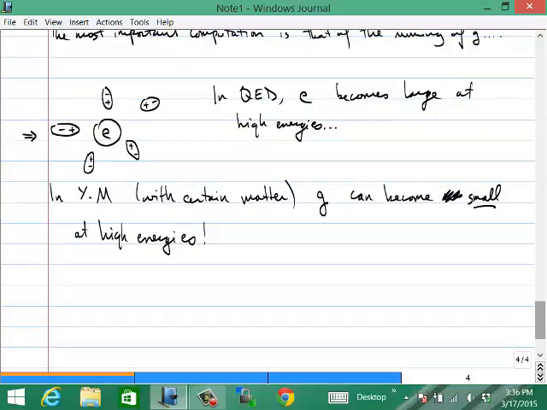And the point is that in Yang-Mills theory, we don't just have charged matter fields, but the gauge bosons themselves, the gluons themselves, have charge. What do we mean by that? Well, we saw already that there was a 3-point interaction vertex and a 4-point interaction vertex.